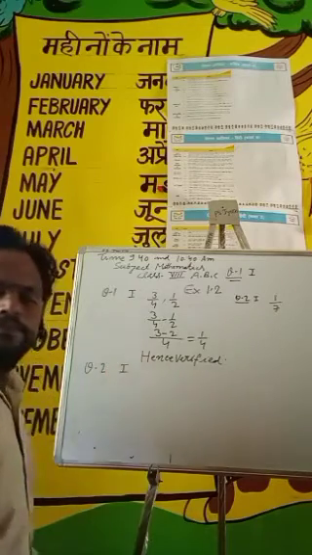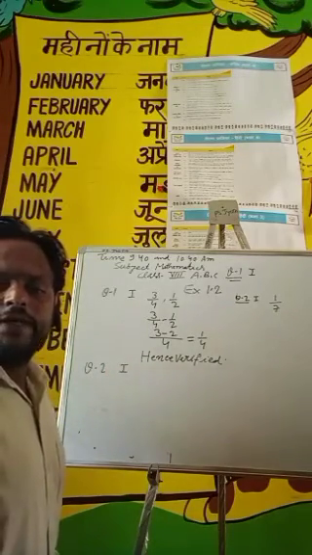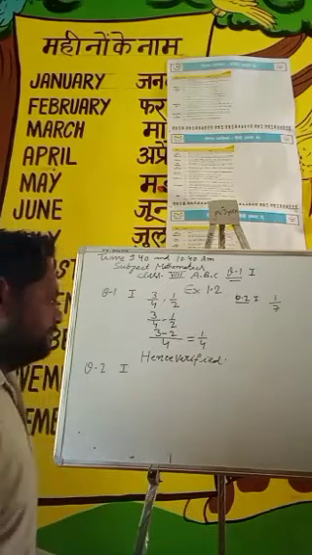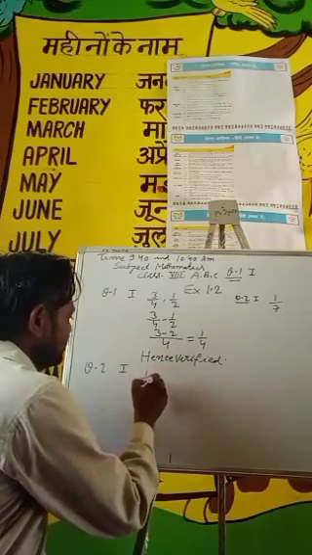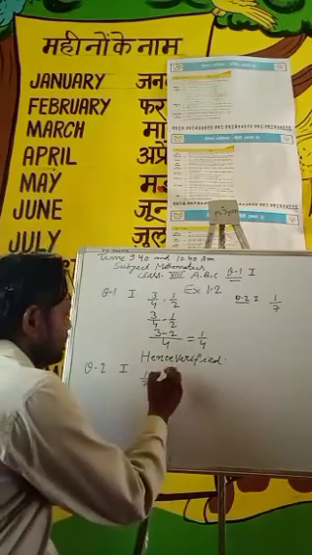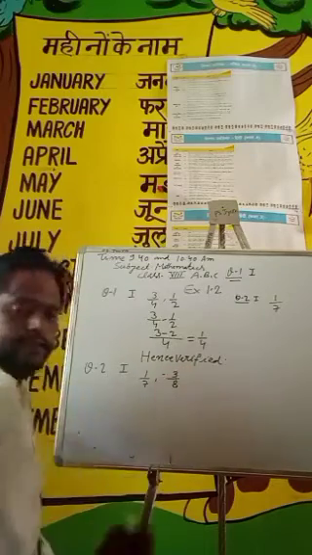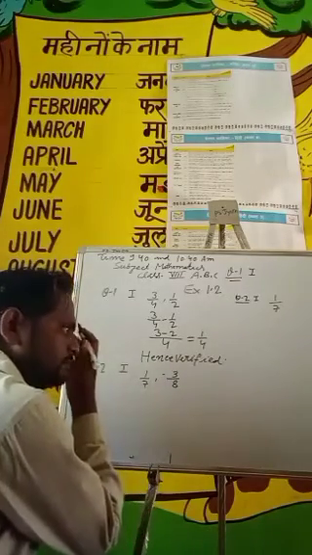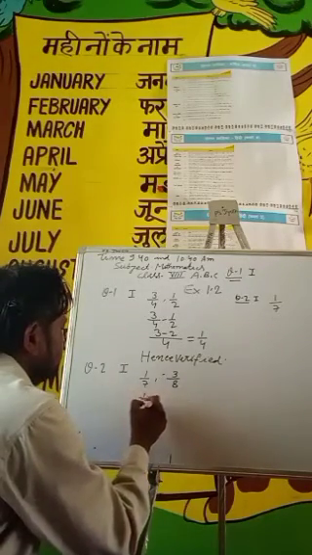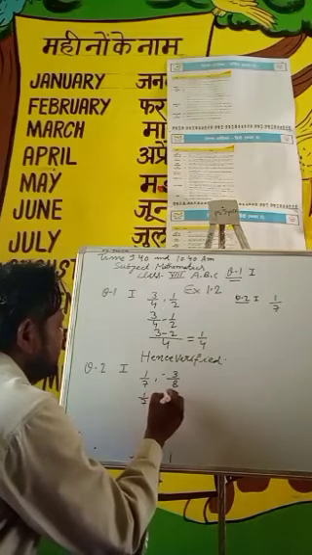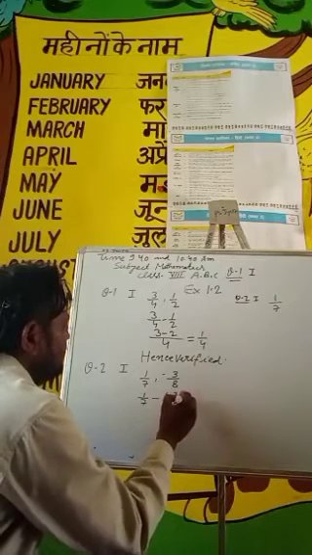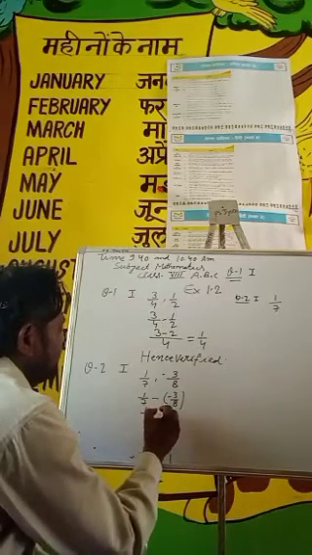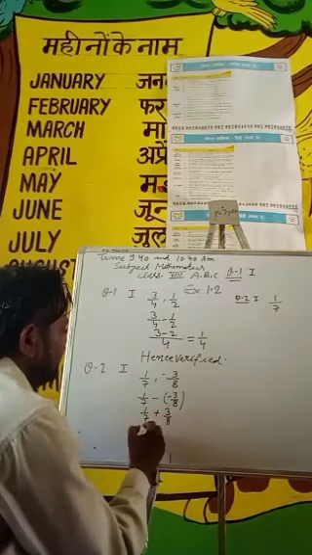And question number 2, first part: verify that the subtraction of rational numbers is not commutative. 1 upon 7, minus 3 upon 8. 1 upon 7 minus 3 upon 8.